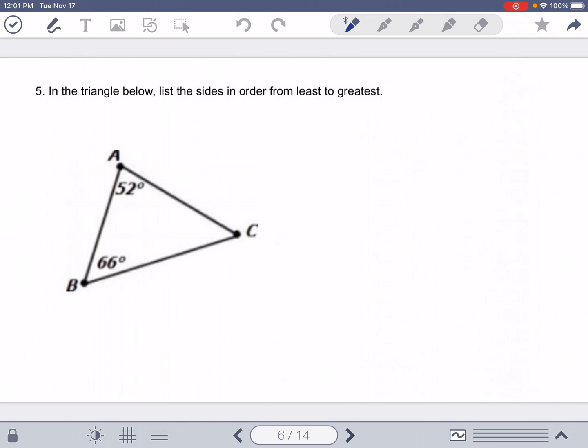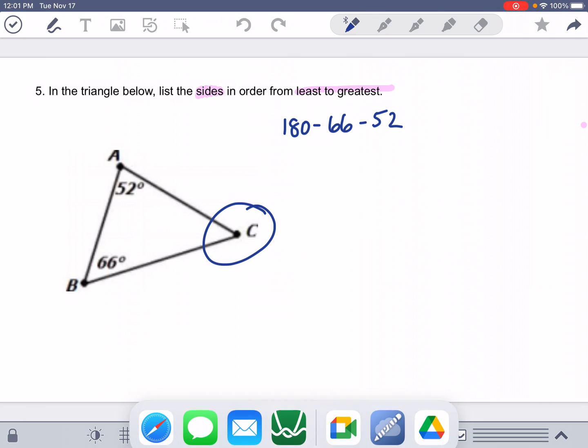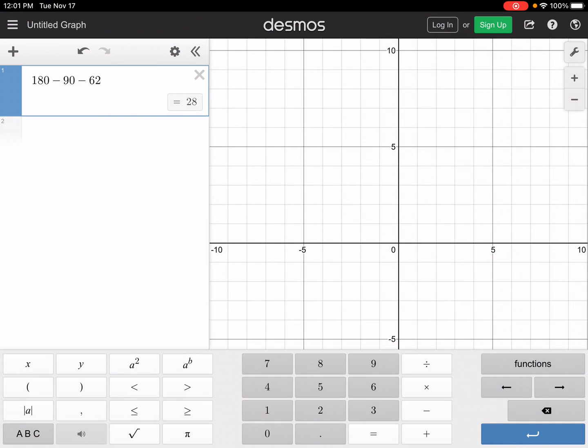Number 5, in the triangle below, list the sides in order from least to greatest. All right, do I know what C is? No, not really. I can figure it out. 180 minus 66 minus 52. So let's go back over to the calculator.